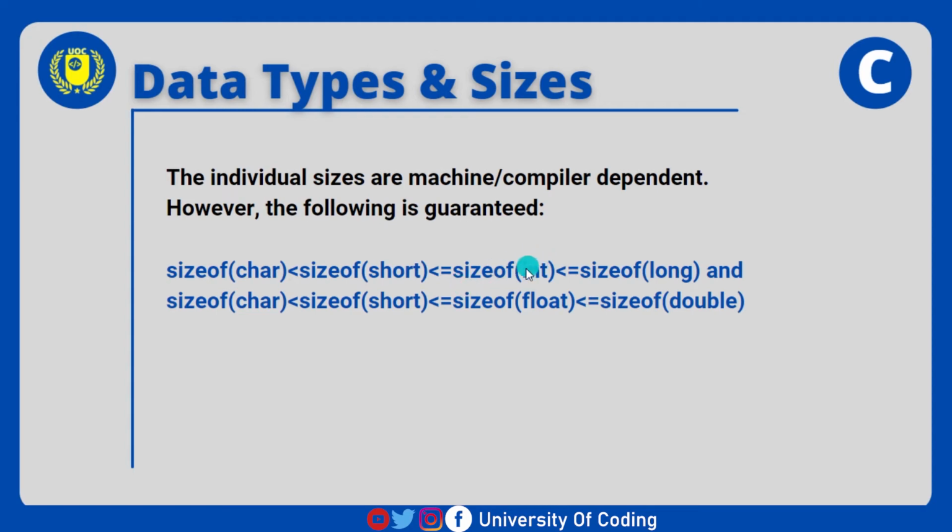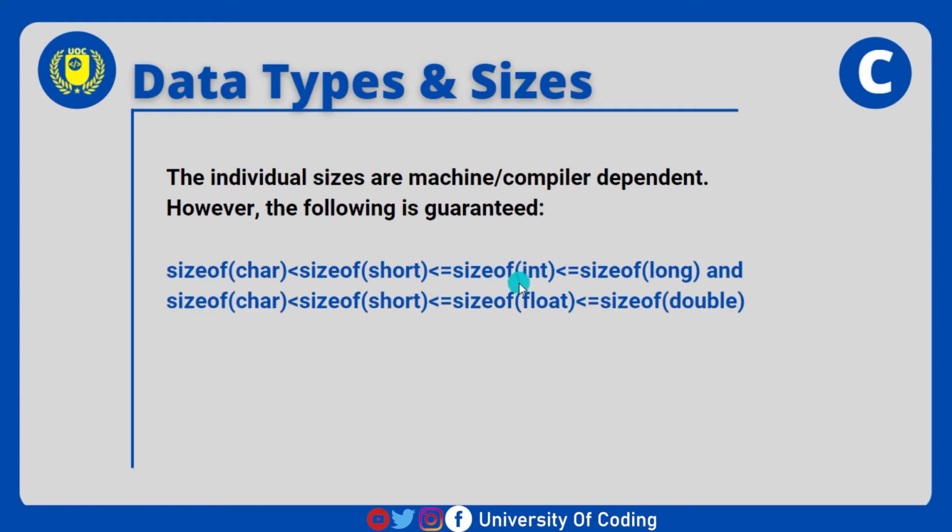The sizeof function returns the size, the number of bits, for that particular integer. The size of int will be sometimes less than the size of long or sometimes equal to the size of long. Generally, for a short variable, 16 bits are allocated. For a long variable, 32 bits are allocated. Sometimes integer will have the same number of bits as short, that means integer will also have 16 bits.